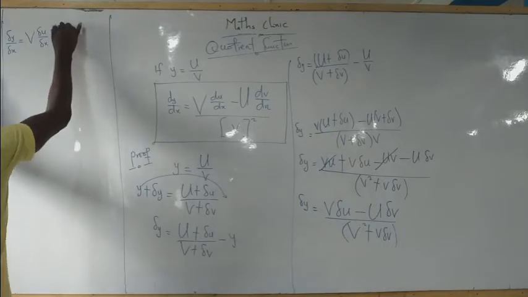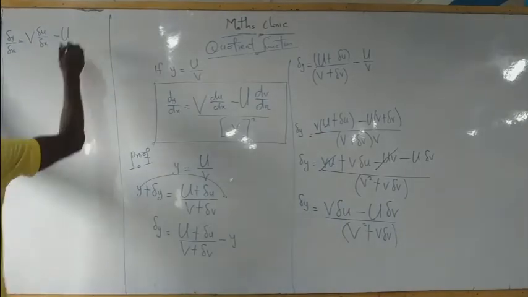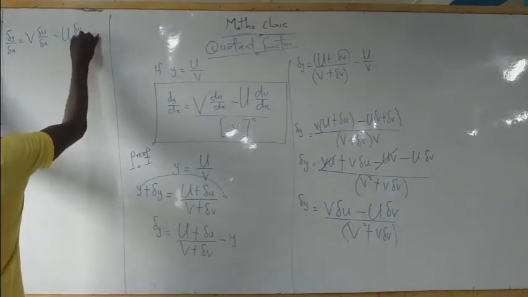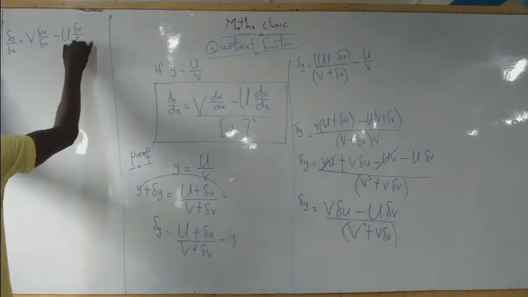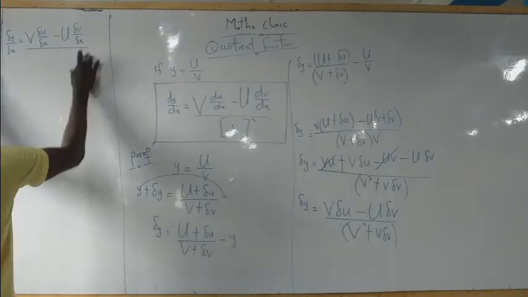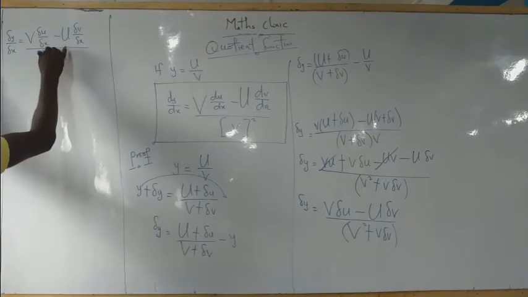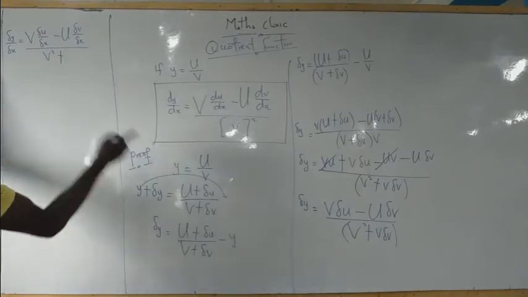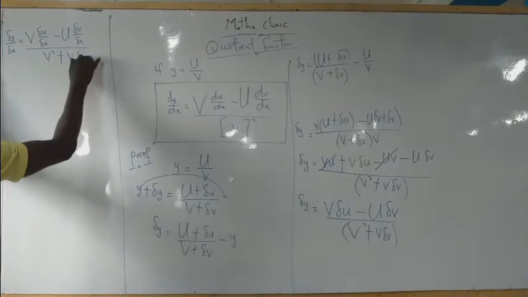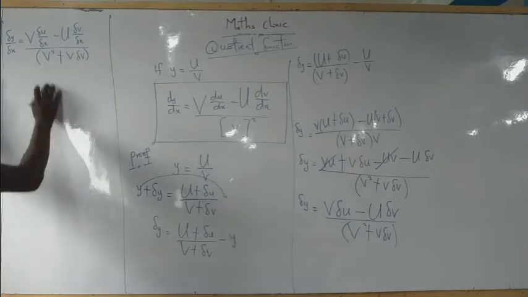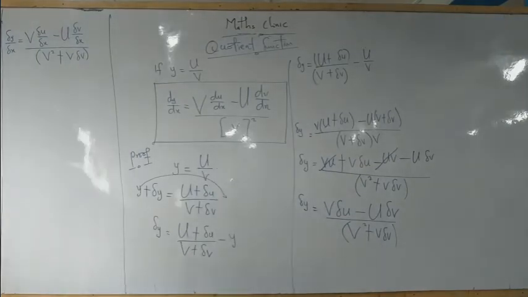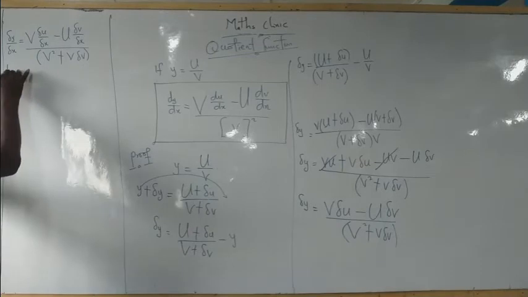Alright. Minus u changing v upon changing x, everything upon v square plus v dv.